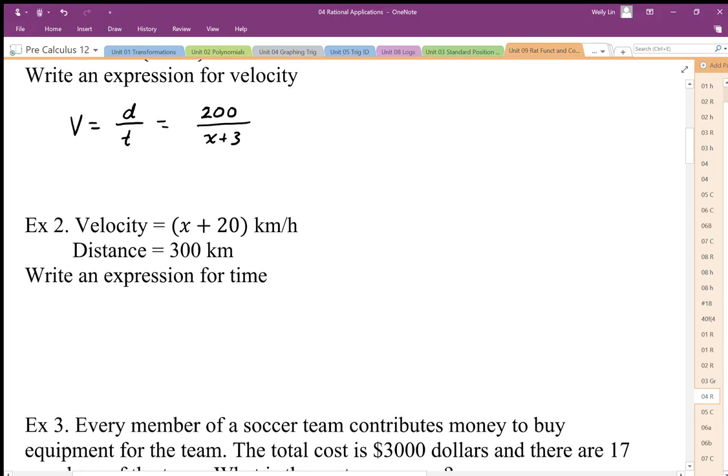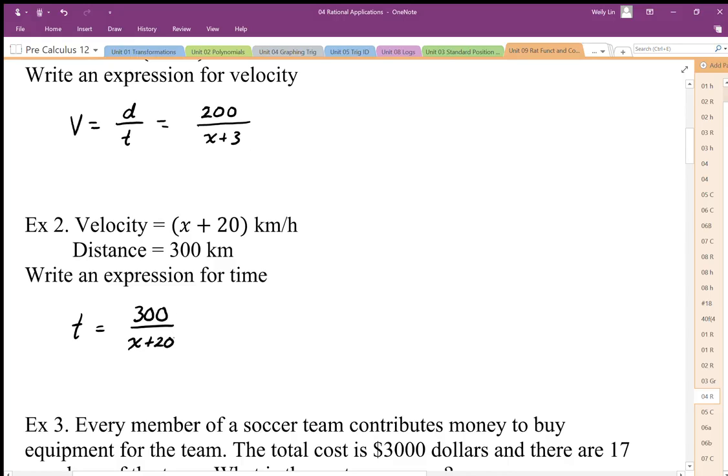We can also say that here we want to write an expression for time. So we've been given the velocity in this case. Velocity is x plus 20 kilometers per hour, and our displacement is 300 kilometers. So our time expression is equal to the displacement of 300 kilometers divided by x plus 20 kilometers per hour.